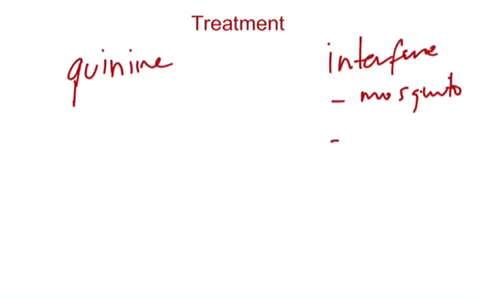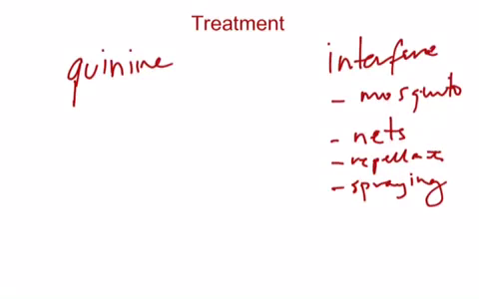So obvious things like mosquito nets over beds at night to prevent being bitten. Repellents would be an obvious one. Spraying with insecticides in mosquito areas to help reduce the numbers of mosquitoes. The removal of swamps and bogs, places where mosquitoes breed rapidly and in huge numbers.